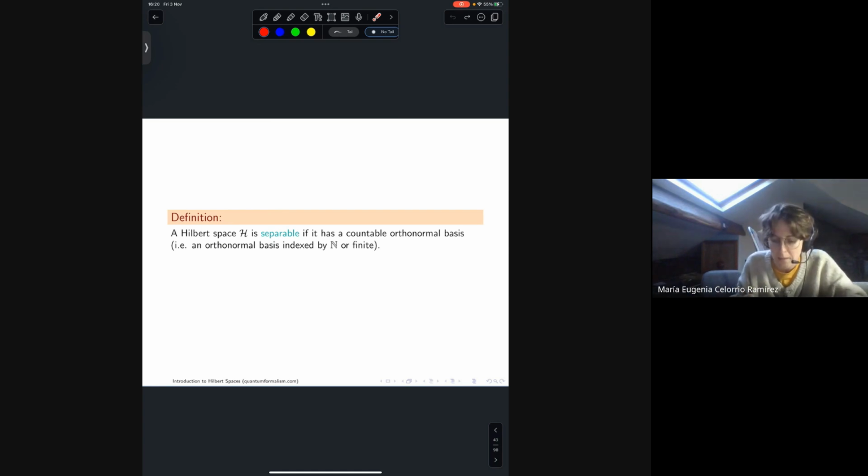Because when they are separable, so when we are in these two cases, we are going to have really nice properties and they are going to be shared. So it makes sense to have them together and to separate them from those that don't have those properties.